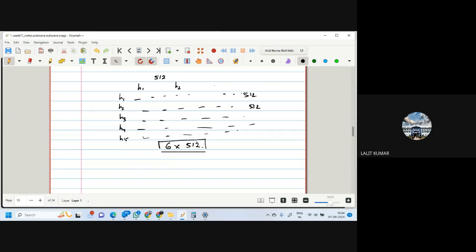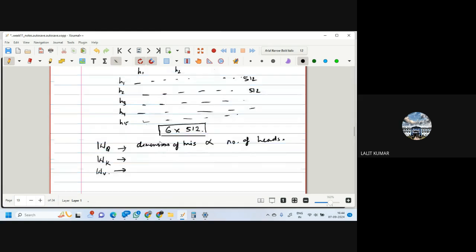Now what do we do for the self-attention in the encoder? We have three weight matrices known as WQ, which is for query, WK for key, and WV for value. The dimensions of these weight matrices depend on the number of heads in the encoder.